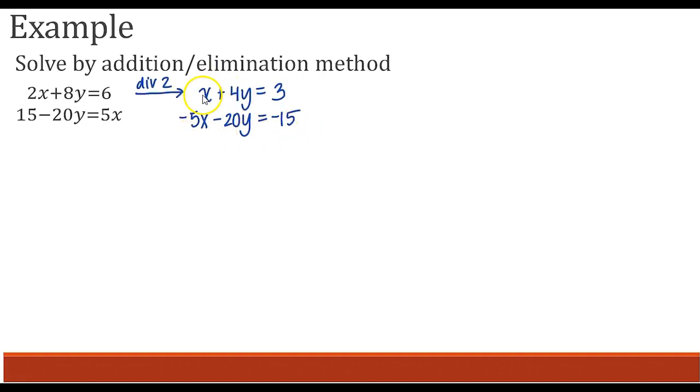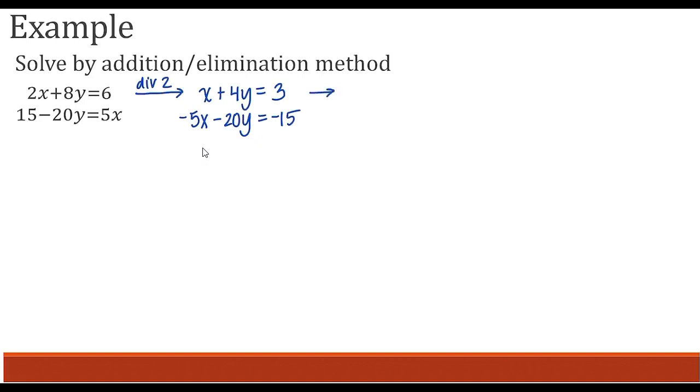Or I can look at the fact that this top equation, the variable x has a 1 in front, so I can multiply each term by a 5 so that I can end up with positive 5x and negative 5x. So it doesn't really matter which method we choose, just so that we're varying things a little bit. Let's divide each term by a negative 5 here.